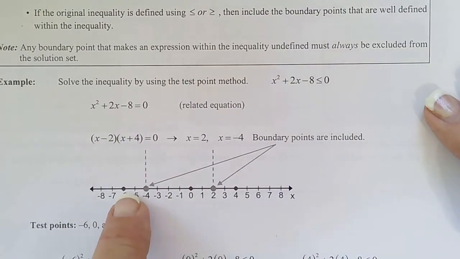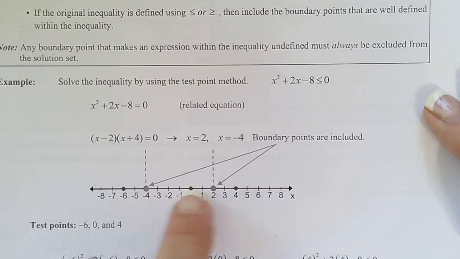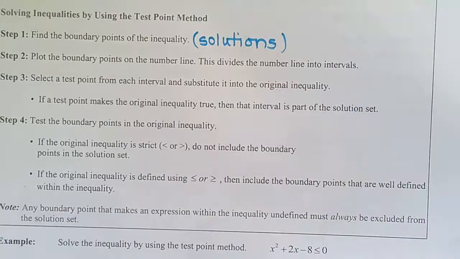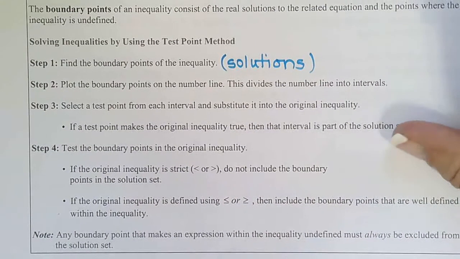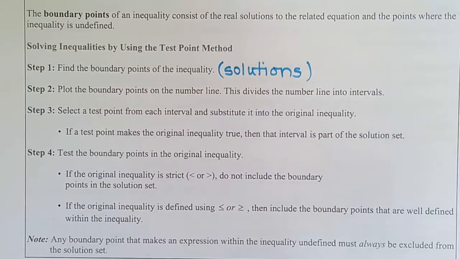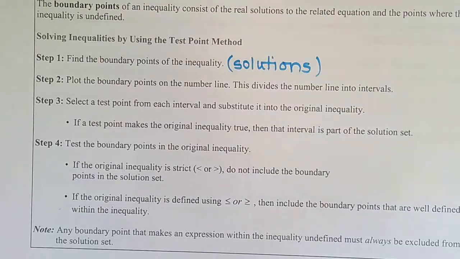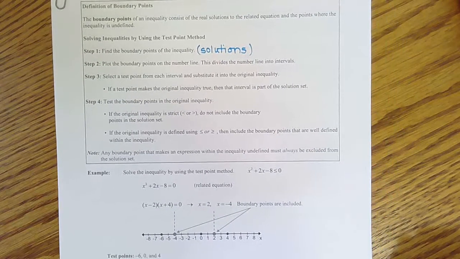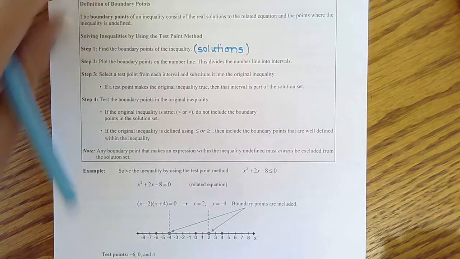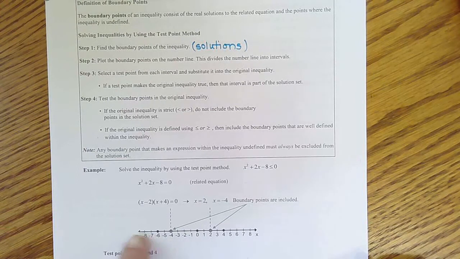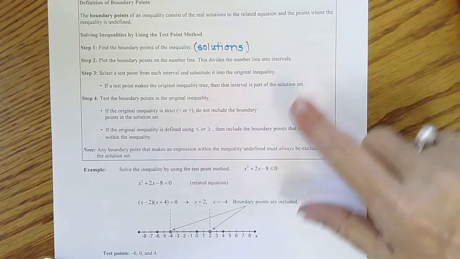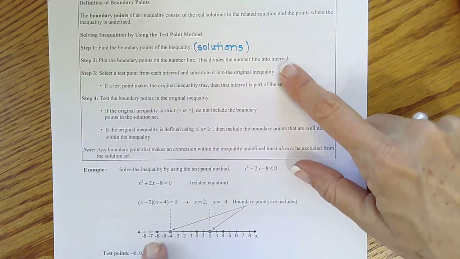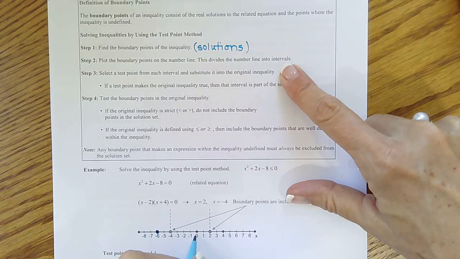See how they have solutions here? And next, this is going to divide the number line into intervals. So you can see we have left of this point, in between these 2 points, in between those 2 points, and right at that point. So those are called the intervals of the number line, because this is the boundary, this is a boundary point.